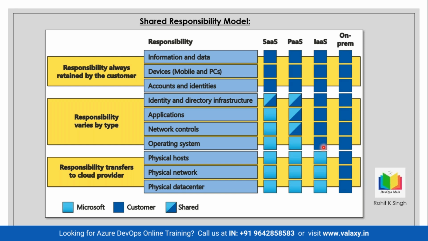On that virtual machine, you select and install your own operating system. You will be managing, updating, patching, and securing it. All this will be done by you, so this is again not a shared service. The customer will be managing it.